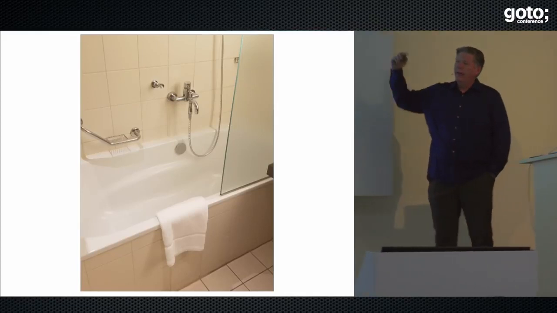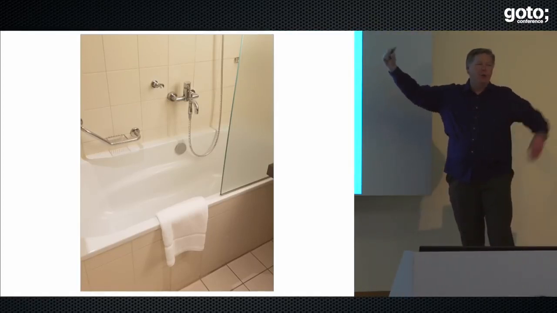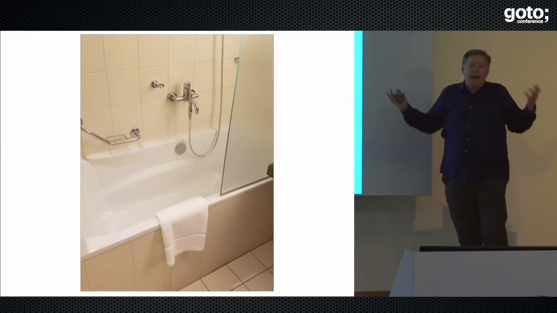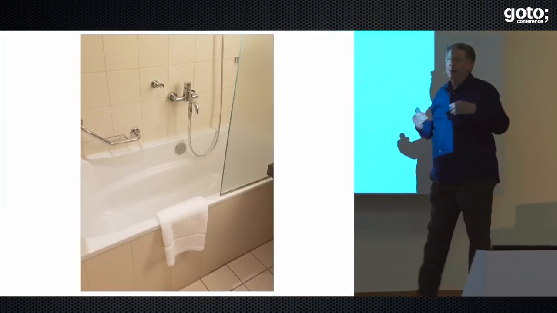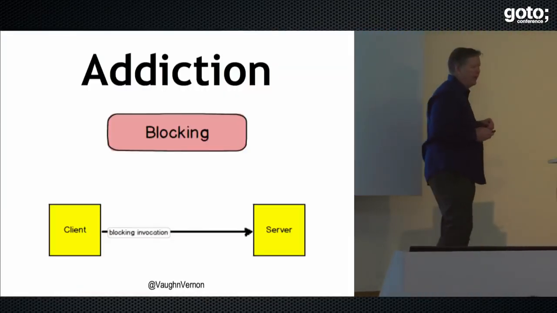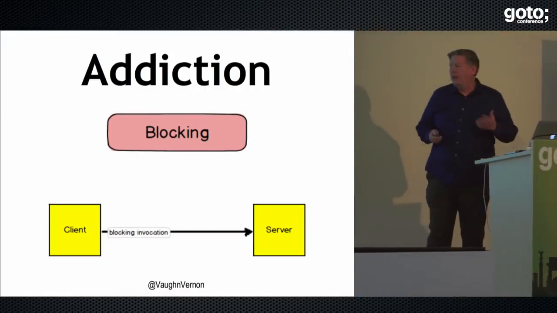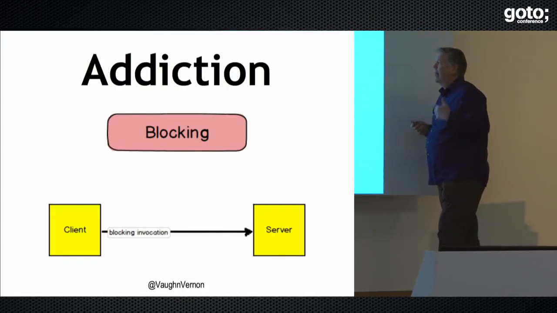So, here's the thing. Americans are addicted to flat showers with a lot of room in them. I have to admit. But does that mean that I won't take a shower in Germany? No. But it's sort of like our addiction. We have an addiction to blocking, right?